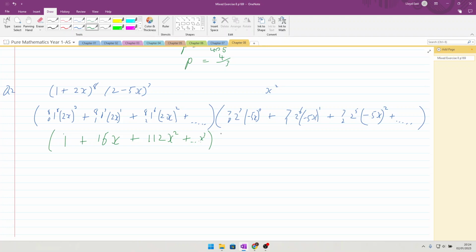Okay, on this side, the first term here resolves to 2 to the power 7, okay, which is 128. This is going to be a minus to begin with.